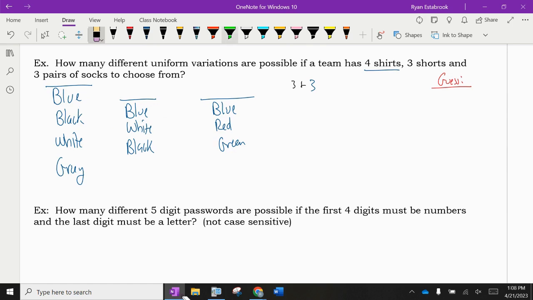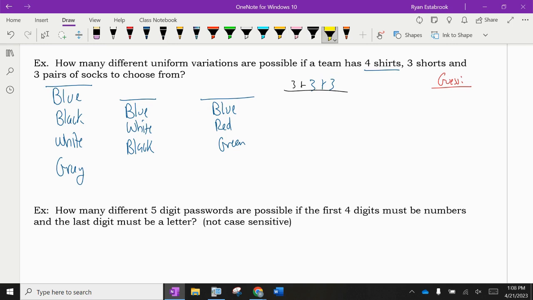Or, sticking with this blue shirt still, I could do blue, black, blue, blue, black, red, or blue, black, green. That was 3 more, wasn't it? So, plus 3 more. And are there any other variations that deal with the blue shirt? Did I get all the blue possibilities out of the way? Agree? Okay. So those are all my blue shirts.